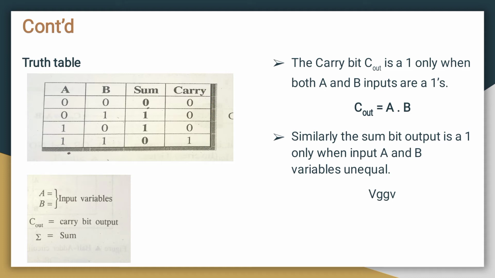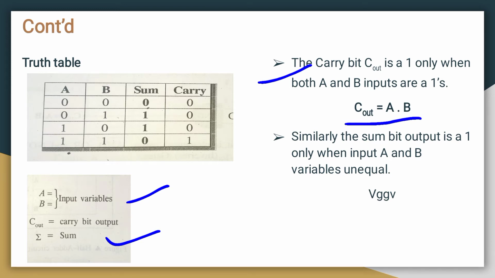Next, these are the input variables A, B, and the output variables are C out and sigma, nothing but the sum. Here again we define the content. The carry bit C out is 1 only when both A and B inputs are ones. Already defined, both the inputs are ones, then we get the output high.